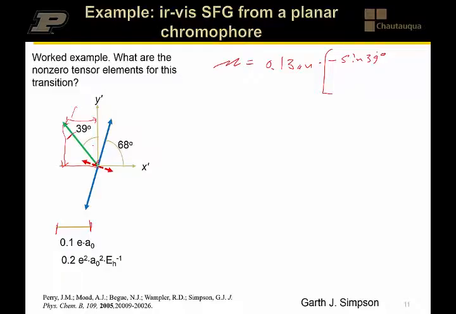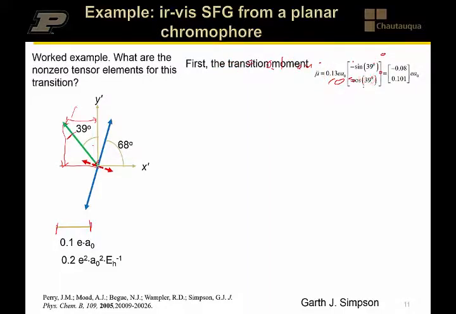And the y projection is going to be cosine, which I hope that's what we get. It's much easier to see if I erase this now. Yeah. So we get a value of negative 0.08 times for the x contribution and 0.101 for the y contribution. So that gives us our transition moment components right there.